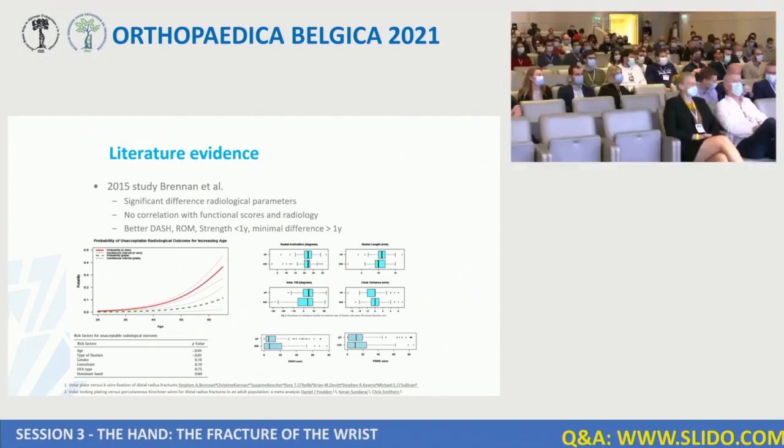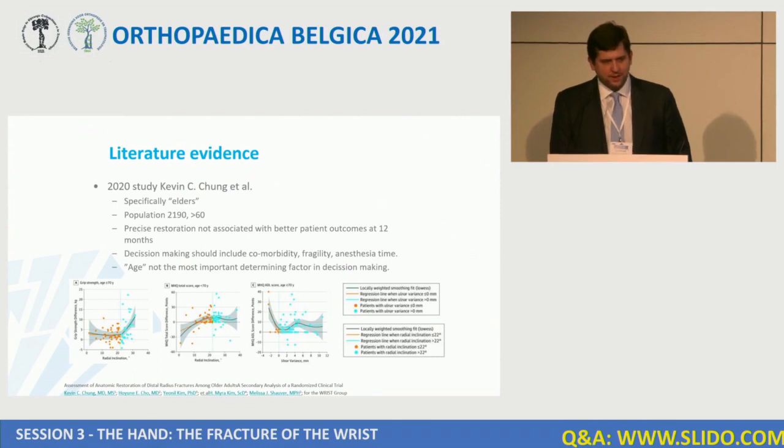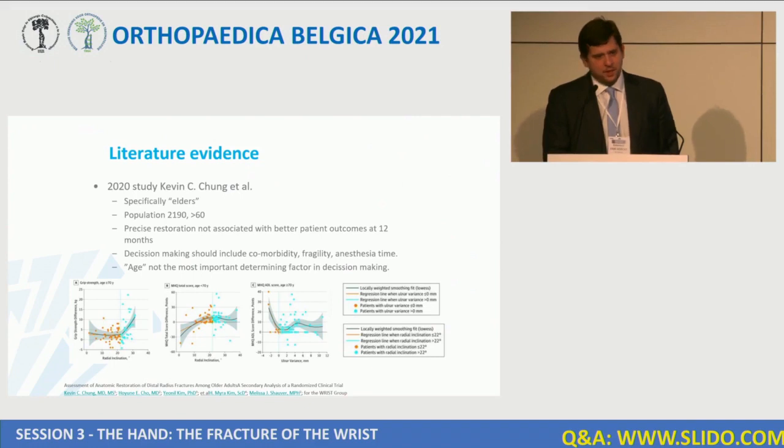They say over 60, and this is a study in 2020 that had over 2,190 patients, which saw that a precise restoration was not associated with better patient outcomes. So even if we see some loss of reduction with the pinning, it is discussed if this is really that big of a difference for general outcome.